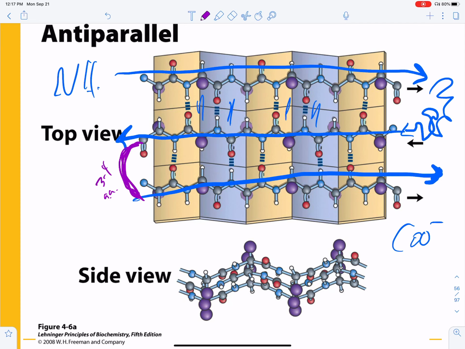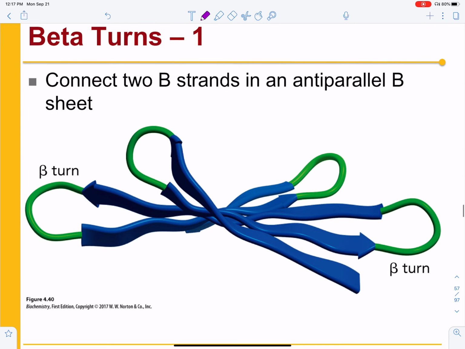You can do it in 100 residues if you want, but you could do it relatively quickly if you utilize what's called a beta turn. And so beta turn is used a lot in anti-parallel beta sheets because it allows for a quick turn to continue the beta sheet.